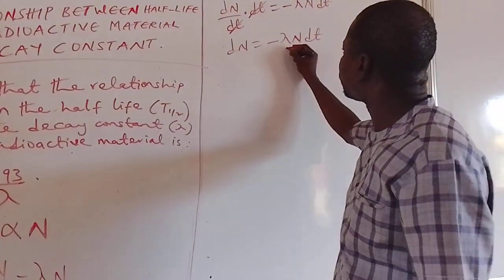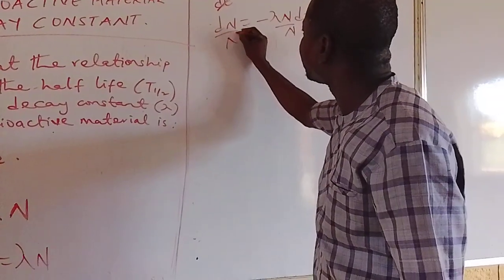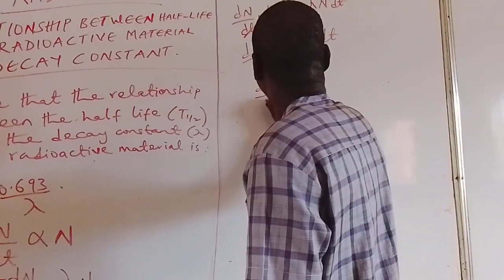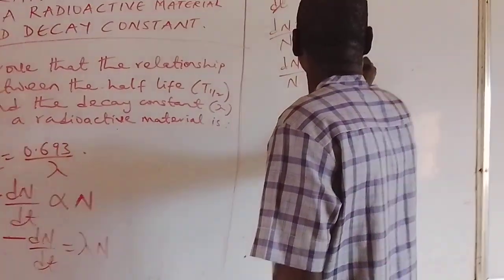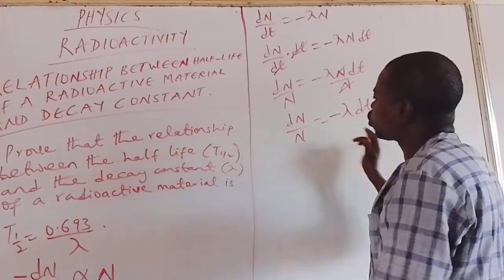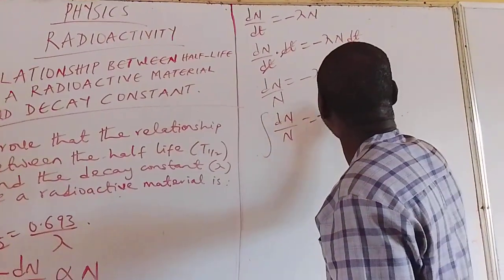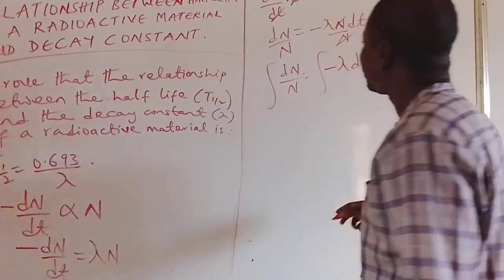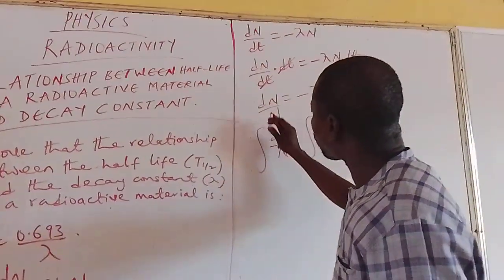If that is properly done, I will divide through by N. So N cancels N, and dN over N is equal to minus lambda dt. Since I'm having d of the function, I will introduce an integral sign on both sides. Then the lower and upper limits.